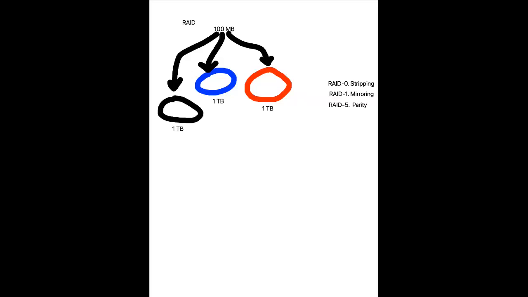And RAID 5, which gives the advantage of striping and mirroring with one disk failure, will give up to 65% of total disk space, so around 2 terabyte. Those are the different RAID levels.